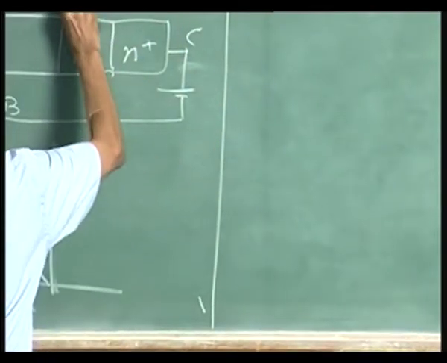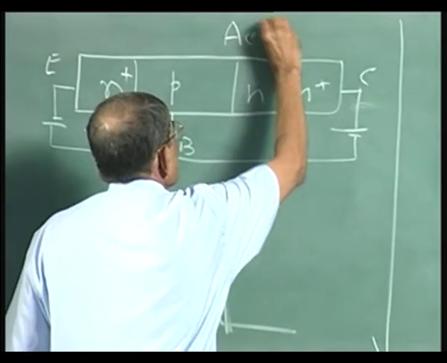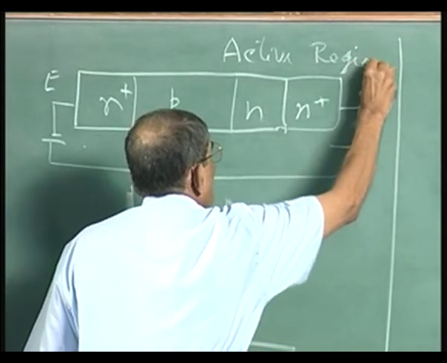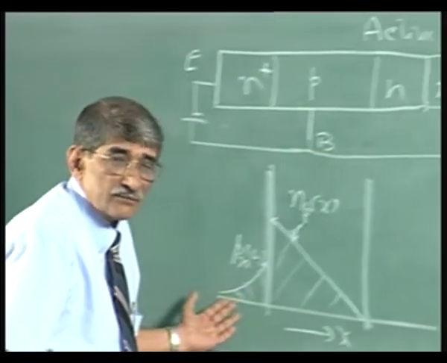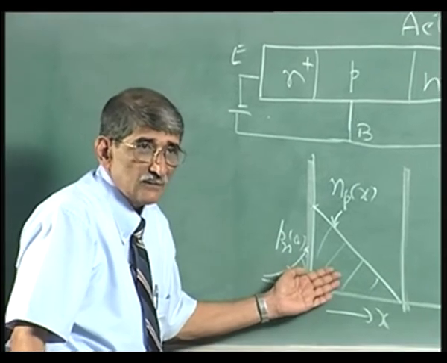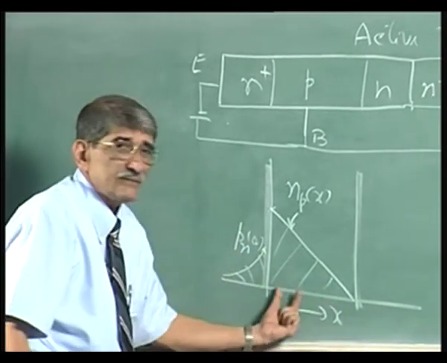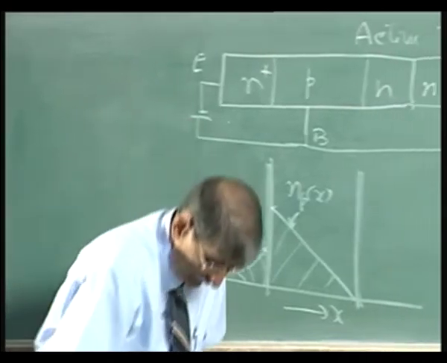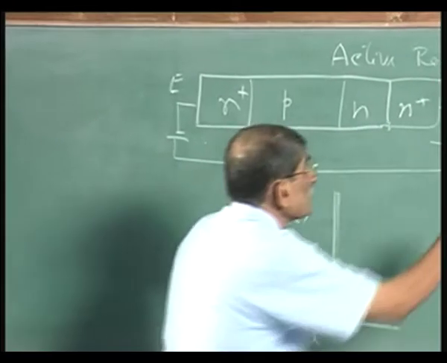This is the active region. So, that is the stored charge that we are talking of, stored charge here, stored charge here. You must reduce this width, reduce this width, all the bits must be reduced, reduce the stored charge, and then saturation.